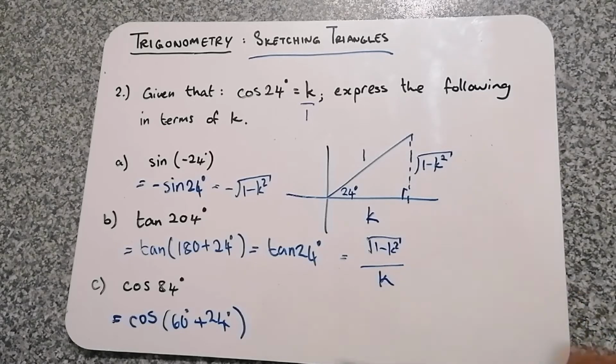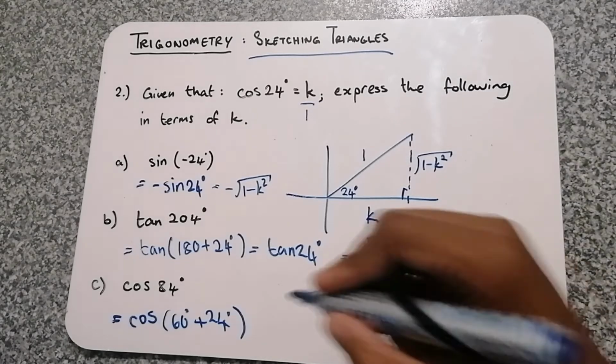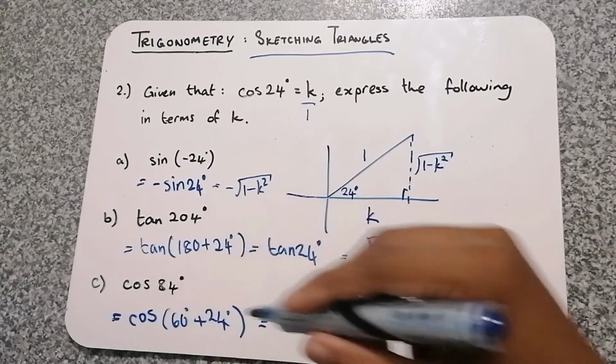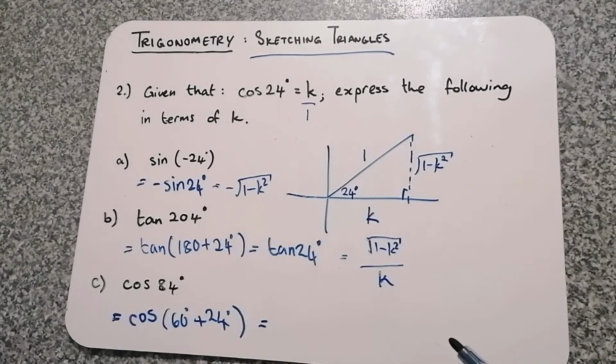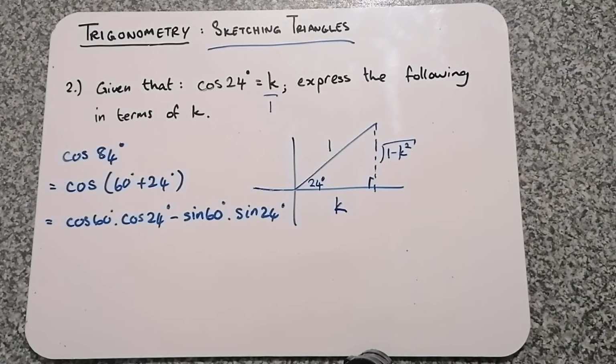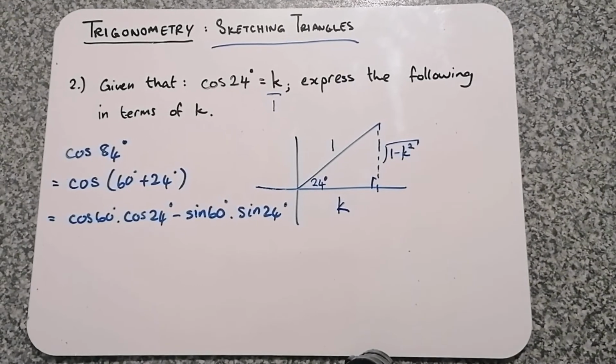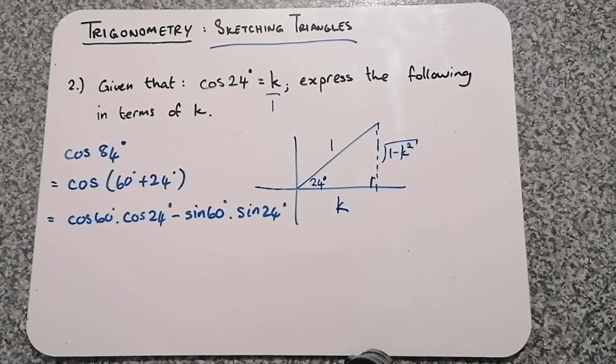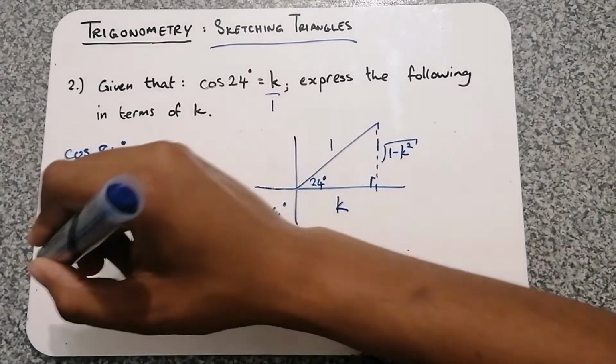Now, if I break this up into the compound identity, we have cos of 60 times cos of 24, minus sine of 60 times sine of 24. So now as you can see, I wrote it out. And all that's left for me to do is to substitute these with the answers. So cos of 60, the special angle, that is a half.